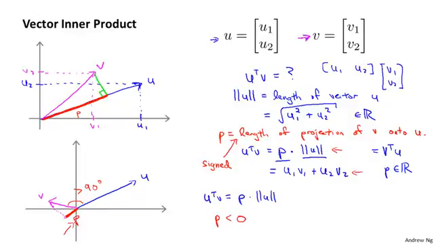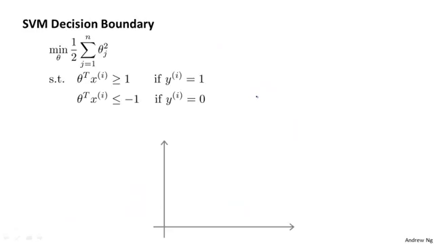We're going to use these properties of the vector inner product to try to understand the support vector machine optimization objective a little better. Here's the optimization objective for the support vector machine that we worked out earlier. Just for the purpose of this slide, I'm going to make one simplification, just to make the objective easy to analyze. What I'm going to do is ignore the intercept terms. We'll just ignore theta 0 and set that to be equal to 0.